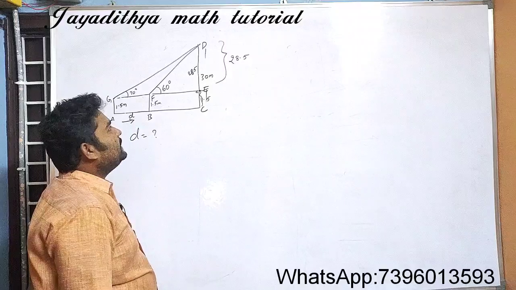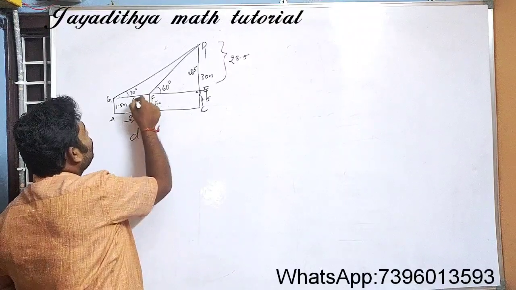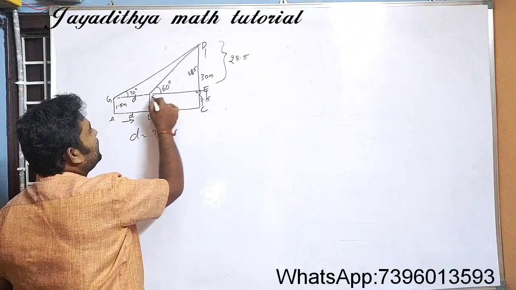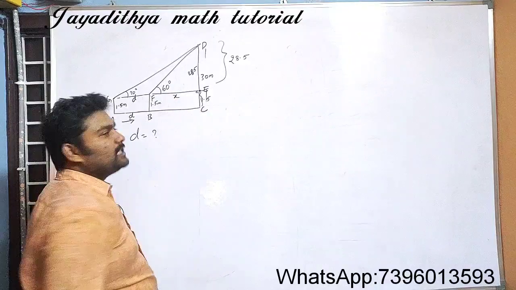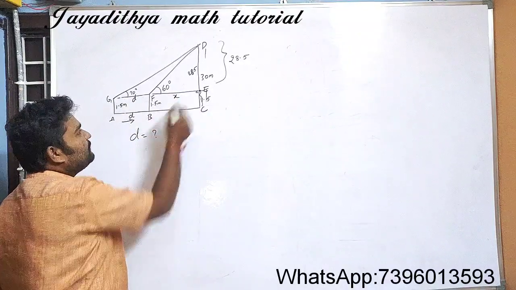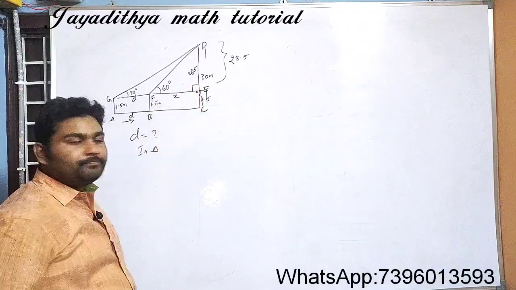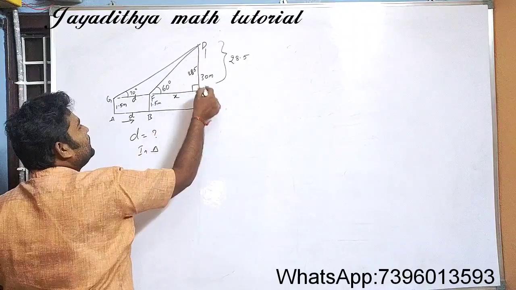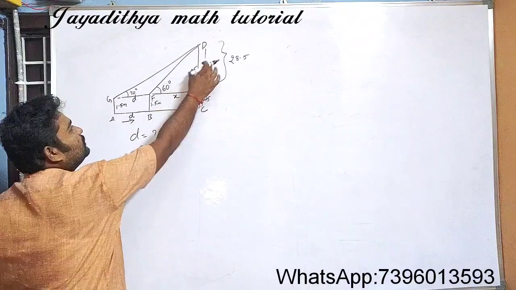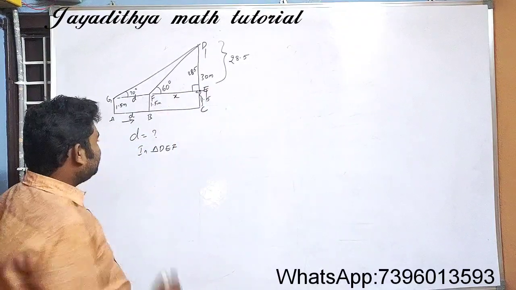ED is 28.5, and let us think, if it is D, this also becomes D here. GF is also D, and let us assume FE as X. So I am assuming EF as X. Now in triangle DEF, here it will be 90 degrees. So this is the opposite side for the angle and this is the adjacent side. So what ratio you need to take here?